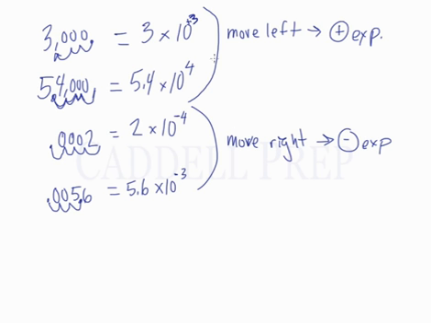I like to think of it as, if we go from a large number to a small number, we have to make up for it with a positive exponent. If we go from a small number to a larger number, we make up for that with a negative exponent. But either way, memorizing it is fine. Just whatever helps you do it correctly.